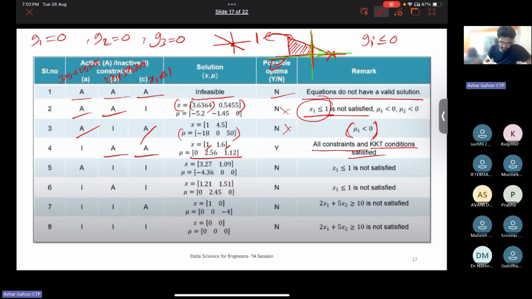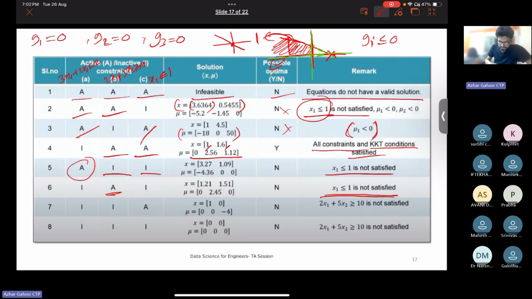Now we keep two constraints inactive, so only checking this area, and we see that again x1 less than or equal to 1 is not satisfied in this condition also. Then if we keep only the second constraint active, again we get a violation of the third constraint, that is x1 less than or equal to 1.